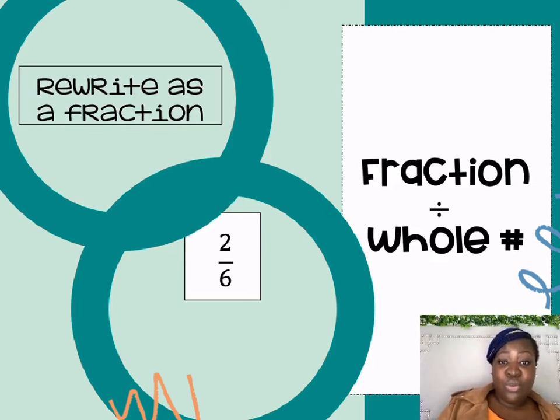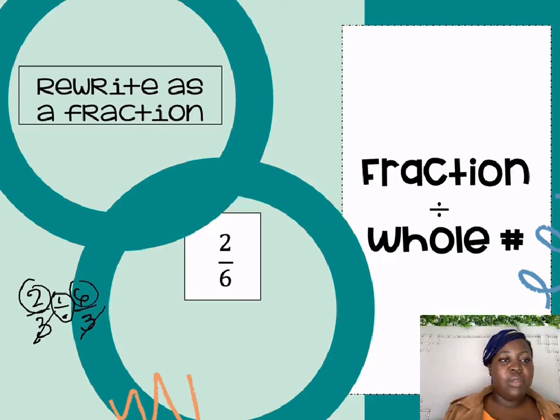You have 2 in your numerator, and then you have 6 in your denominator because you read it from left to right. You had 2/3, then you're dividing 6/3. Remember, we said you ignore the denominator, and now you have your 2 divided by 6. Read it from left to right. You have numerator divided by denominator.